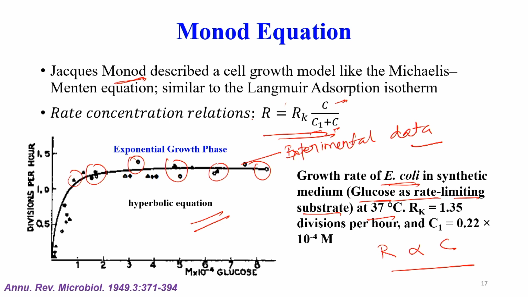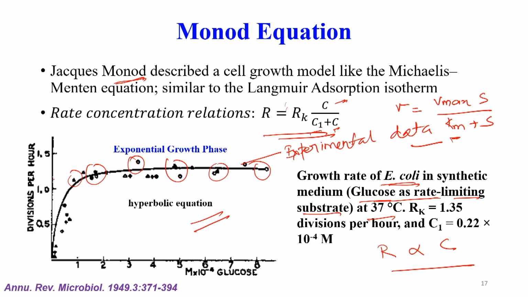This analogy is very much like Michaelis-Menten kinetics or the Langmuir adsorption isotherm. In Michaelis-Menten kinetics, we say V is Vmax S divided by Km plus S. Then Rk represents Vmax here, and C1 represents the Michaelis-Menten constant.